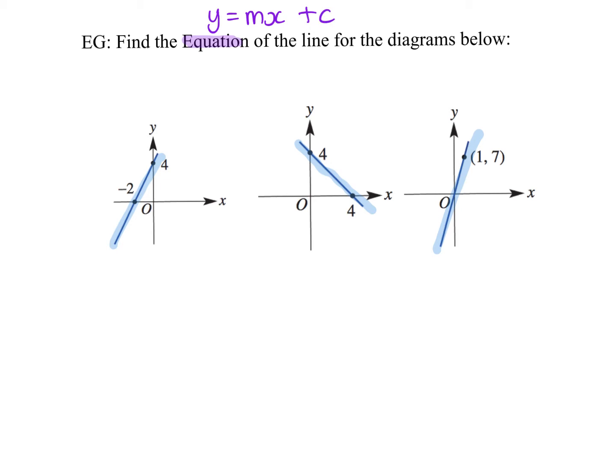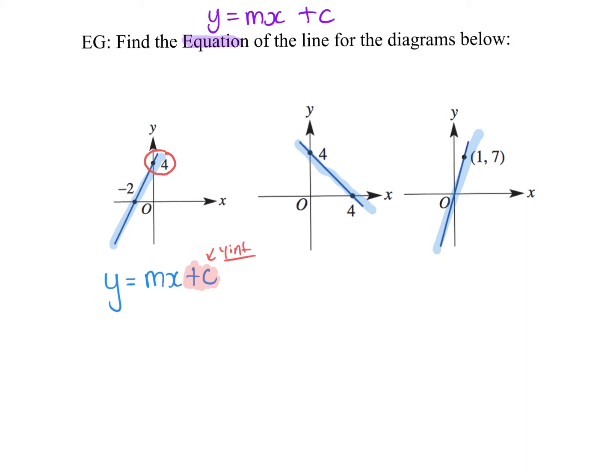Under each one, we'll start off by saying y equals mx plus c. So we know that this value is the y-intercept. If that's the y-intercept, we can look at the graph. Where does it cut the y?